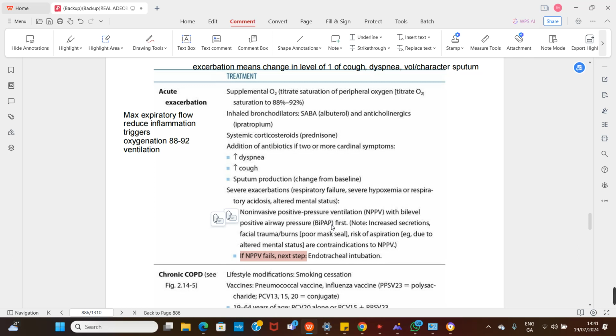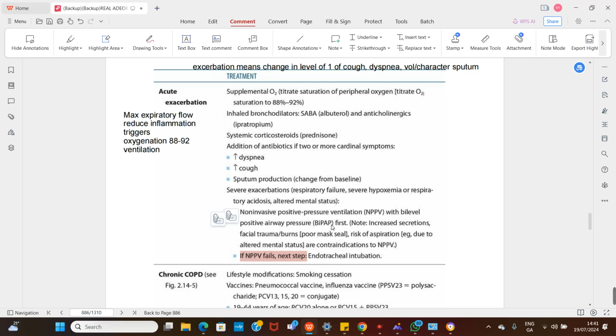What is going to classify them as having an exacerbation is that you suddenly notice a change in their stable symptoms. They start having cough, difficulty in breathing, dyspnea on exertion. Somebody can have COPD and not have all these things; their COPD is just stable.